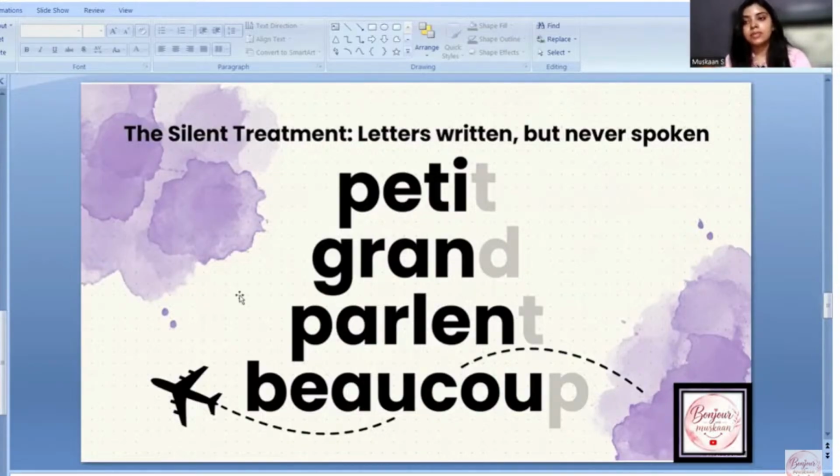Now, apart from this, there are other letters in which we write them but don't speak them. Try to find more words like this. In French, there are almost always words which are written like this, where the last letter is never spoken.